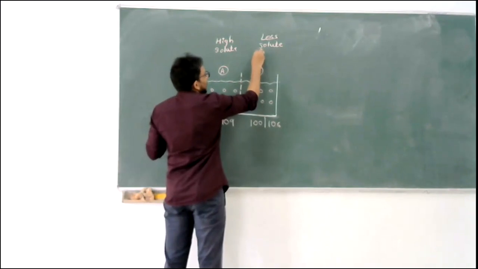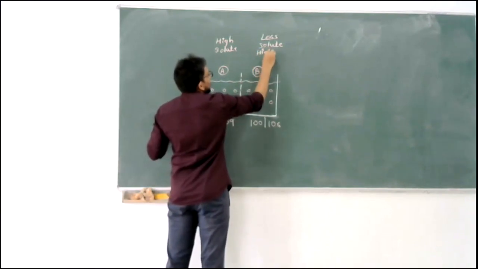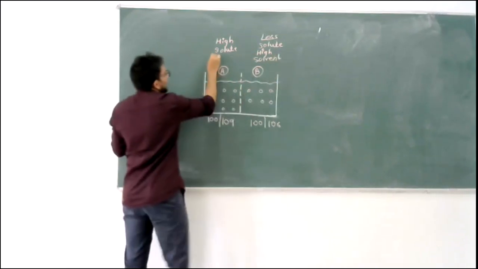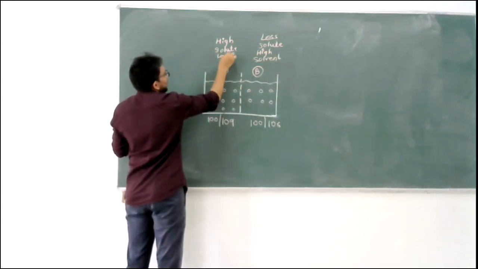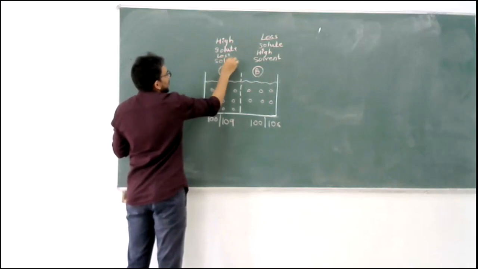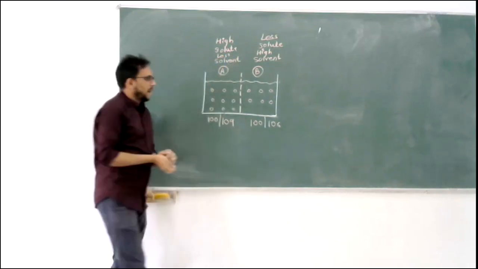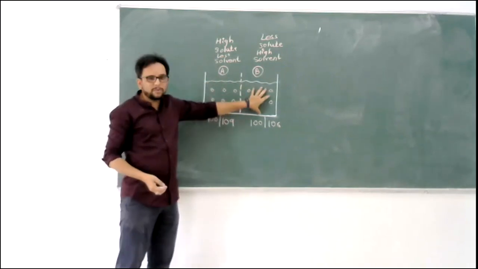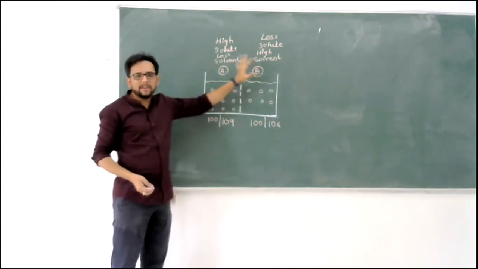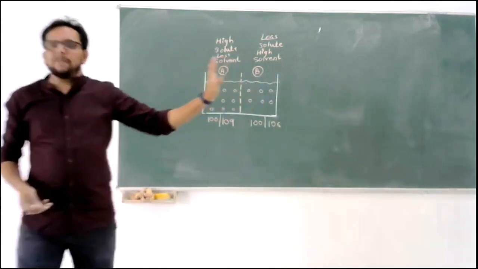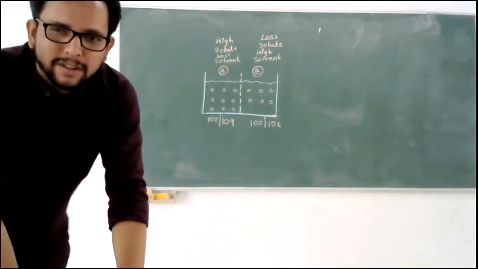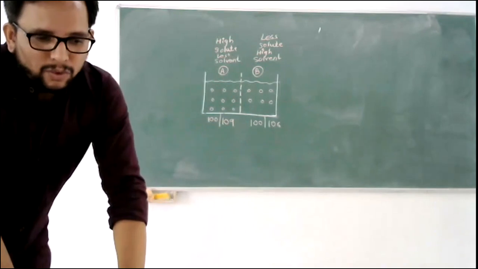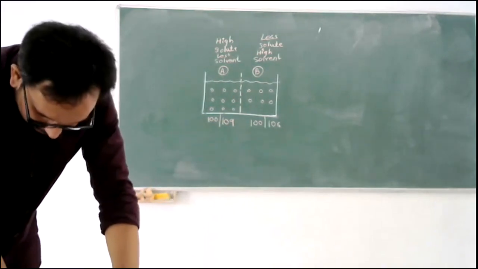So that is high solvent. Here it will be less solvent. Again, we are not talking of the individual volumes, we are talking in comparison. Is this concept clear to everyone, or does anyone have any doubt? If that is understood, then I can move forward.